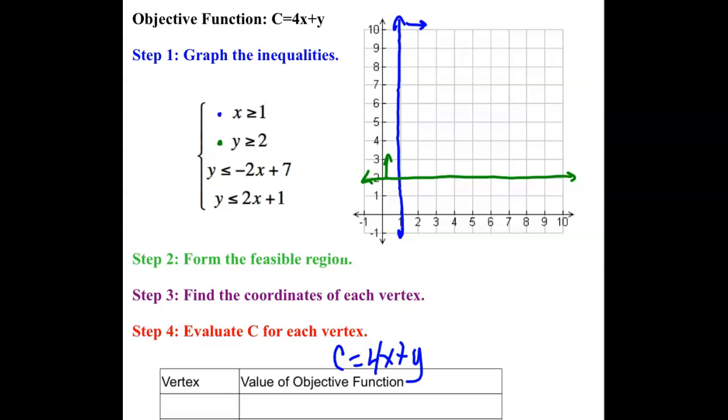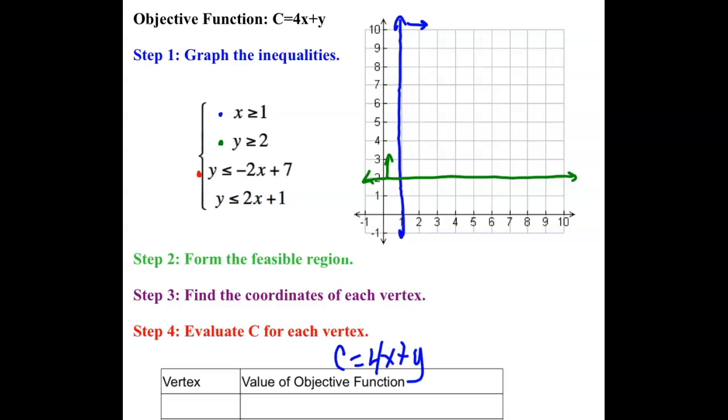I'm going to give you guys a minute. Go ahead and pause the video and try graphing the next two inequalities on your own. All right, let's check how you did. y has to be less than or equal to negative 2x plus 7. So we are going to start on the y-axis at 7, and we need a slope of negative 2.